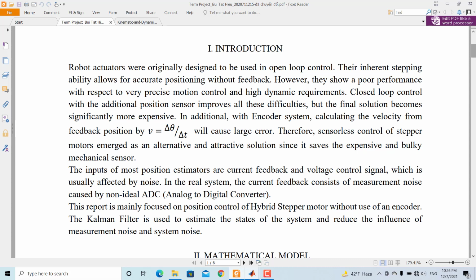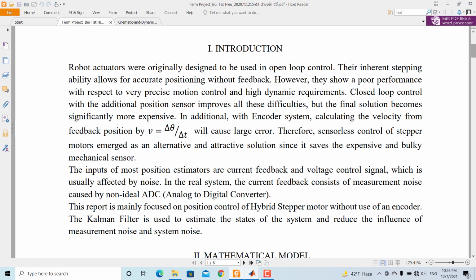error. Therefore, sensorless control of stepper motors emerged as an alternative and attractive solution since it saves the expensive and peculiar mechanical sensor. The inputs of most position estimators are current feedback and voltage control signal, which are usually affected by noise.